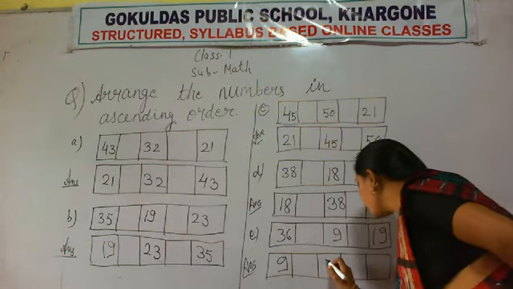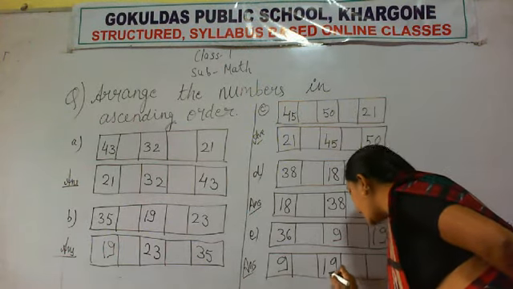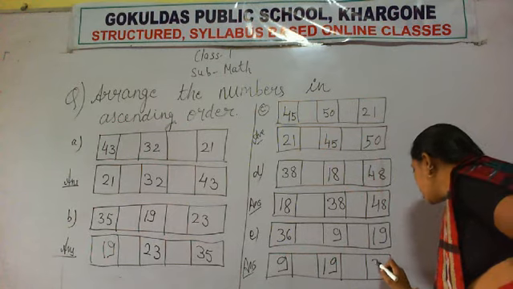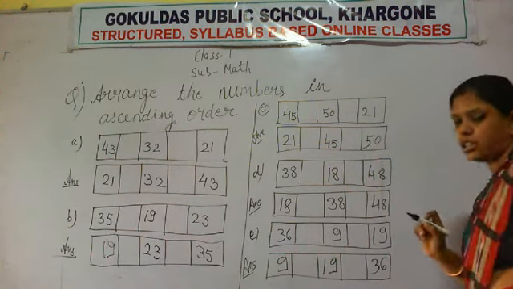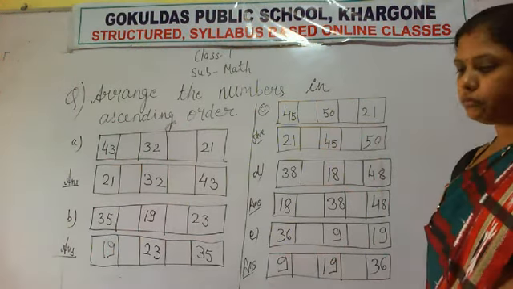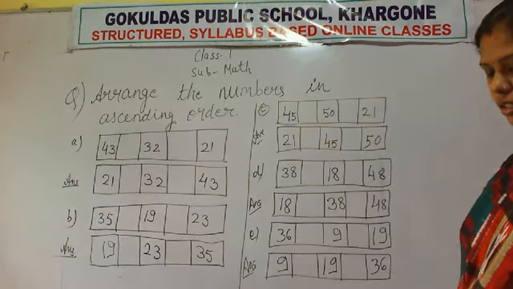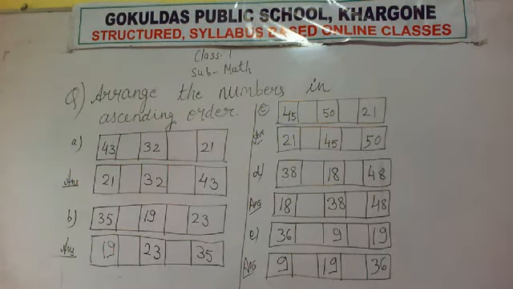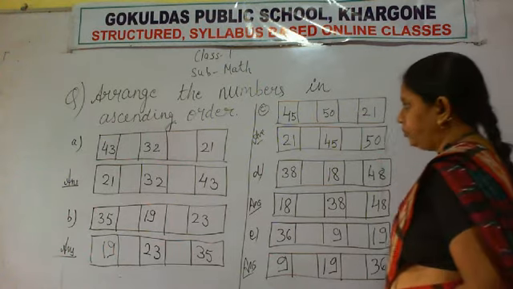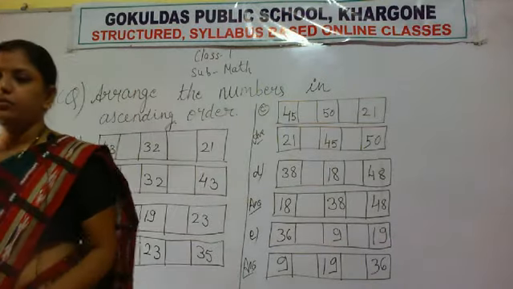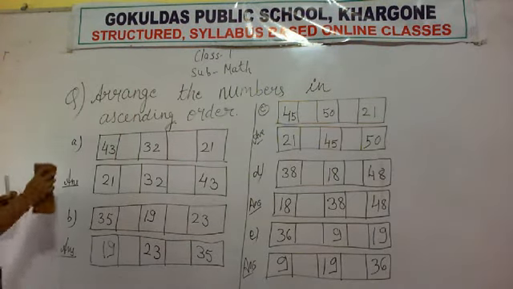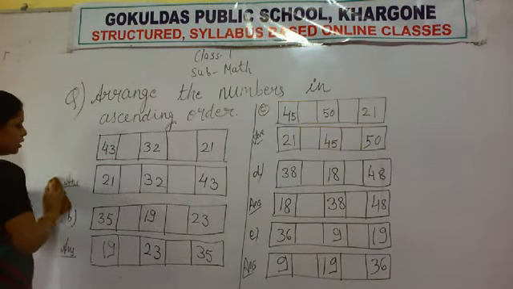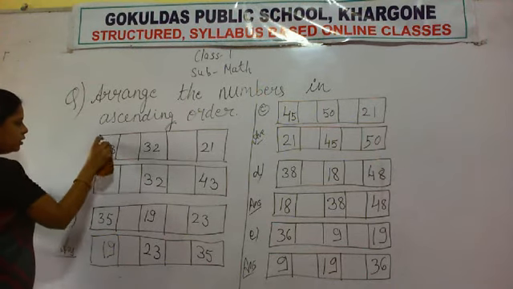So next number will be 19, and the last number left is 36. I am rubbing.